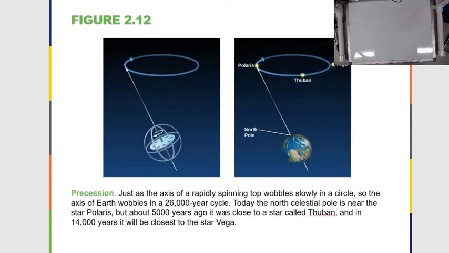So that was Eratosthenes. Another great discovery was by a guy named Hipparchus, who figured out that the Earth's rotational axis is precessing. If you've ever seen a top laying on its side, tops, when they spin, they'll start to do this, right?